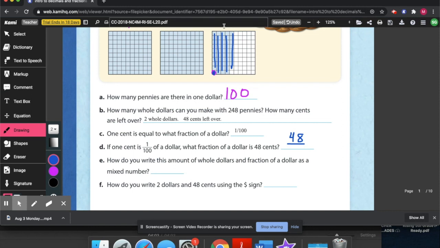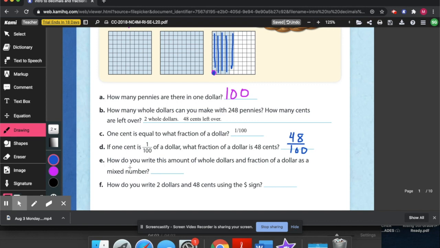That is just strictly what I have shaded in my leftover. My denominator, though, like I just said, is what makes our whole dollar. And to make that whole dollar, we need 100 cents. So 100 pennies. So 100 is going to be in my denominator. So my fraction is going to be 48 over 100, which you can also say as 48 hundredths of a dollar.